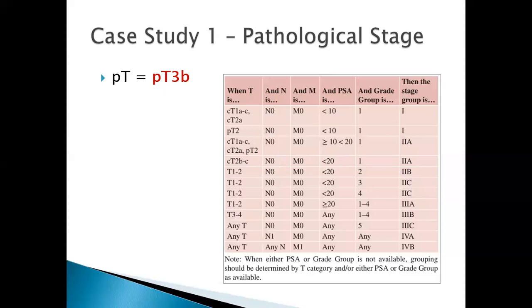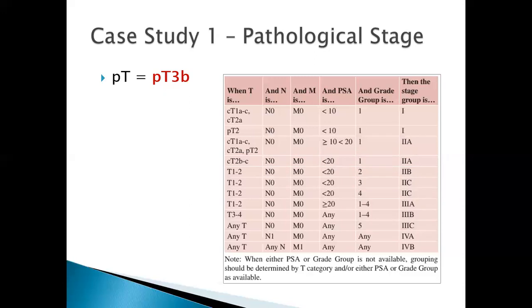So the patient had bilateral adenocarcinoma, but the right seminal vesicle was positive for cancer. So that is a pathological T3b. Seminal vesicle, at least one, is involved, T3b. We have to add that p in front of it, all right?